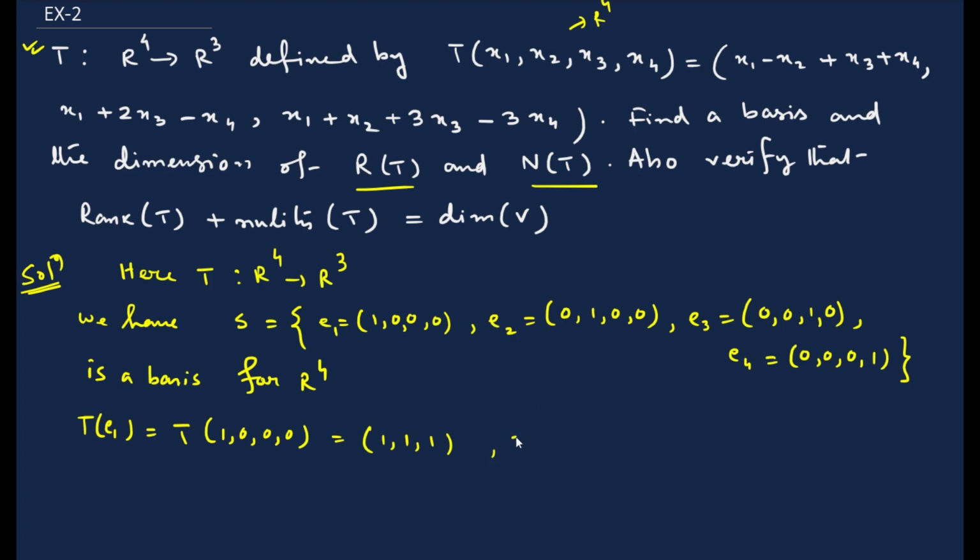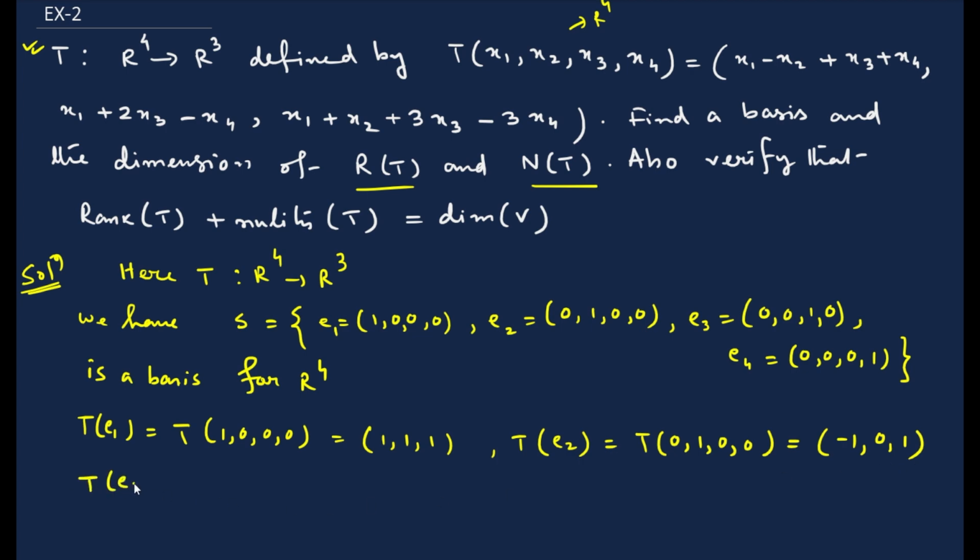Similarly, we have to find the other elements. T of E2, where E2 is (0, 1, 0, 0). After calculation, you will get (-1, 0, 1).